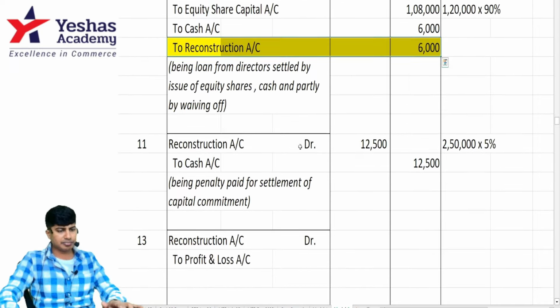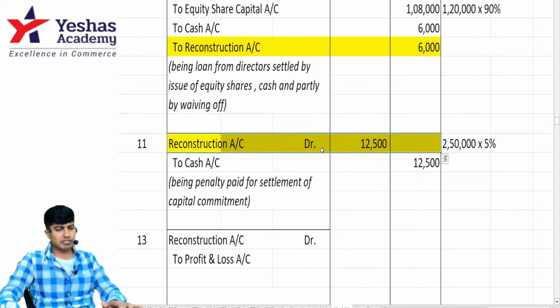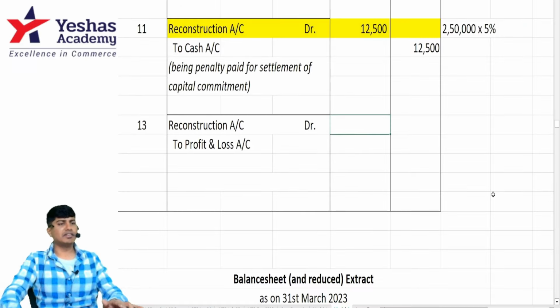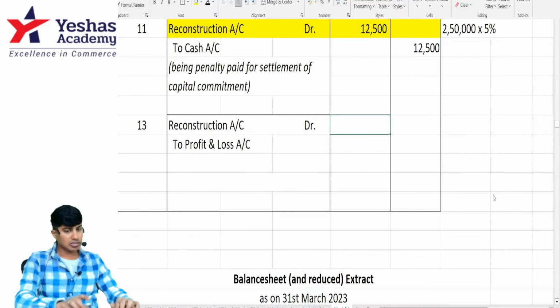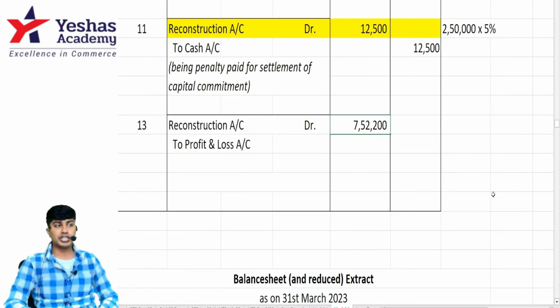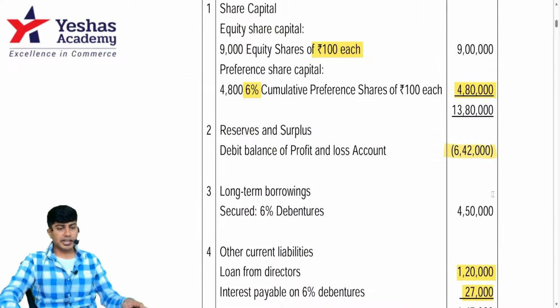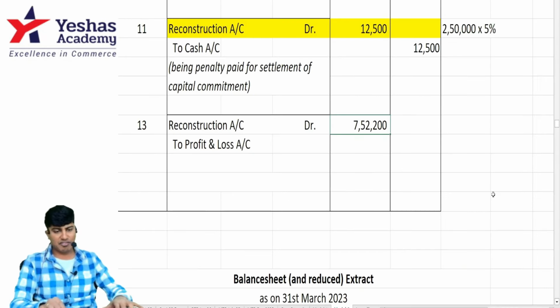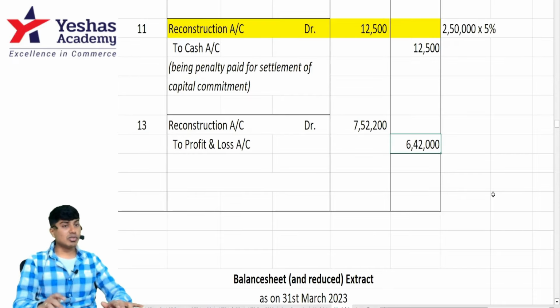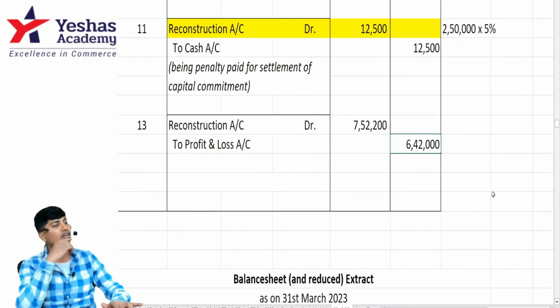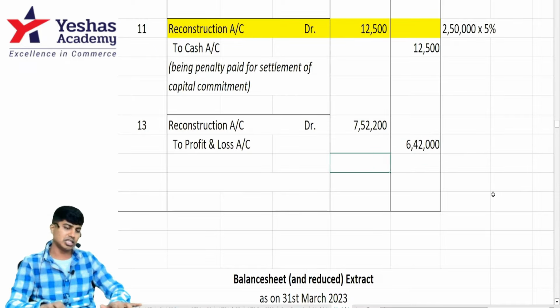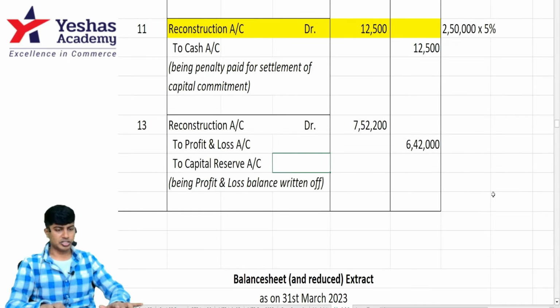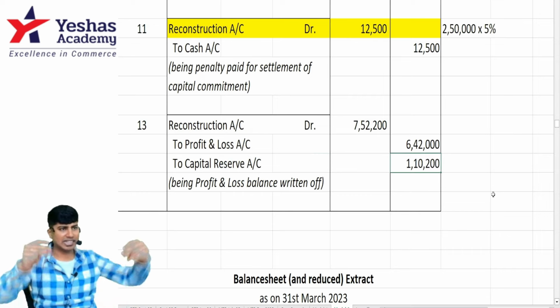Minus 6,000 plus 12,500. What do we have left? 7 lakh 52,000. How much is there in P&L to be written off? 6 lakh 42. Is it sufficient? Yes, we have excess. Excess will be used to write off goodwill. Goodwill already written off. Any balance will be transferred to capital reserve. How much? 1 lakh 10,000.